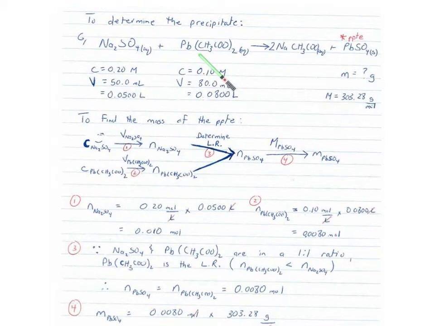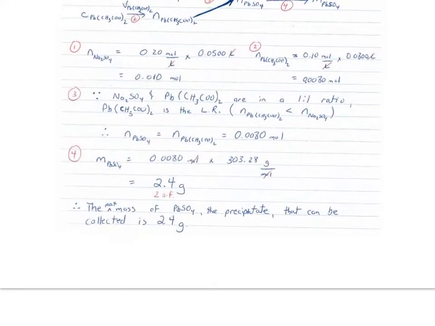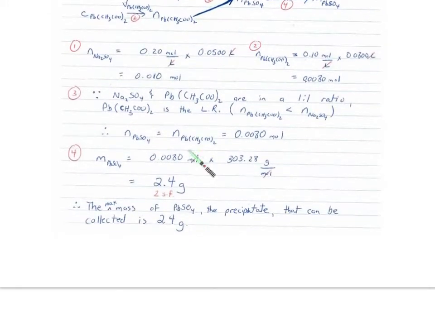That highlights the importance of having that equation properly written out and properly balanced. Now that I know my number of moles of the lead(II) sulfate to be 0.08 moles, I can use that to figure out the number of grams of the lead(II) sulfate, and I get 2.4 grams.